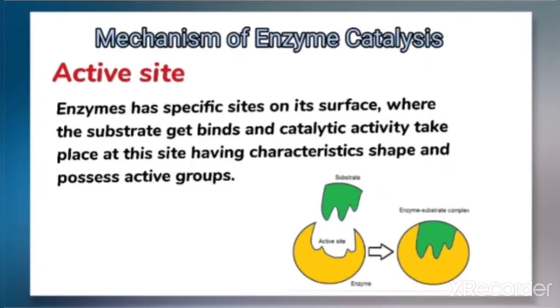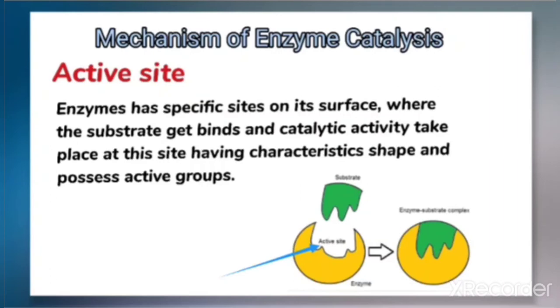As we have discussed about enzymes, the role of an enzyme is to accelerate the rate of the reaction. Here the enzymes have certain specific sites that you can see. This is an enzyme and it has a specific site on its surface.